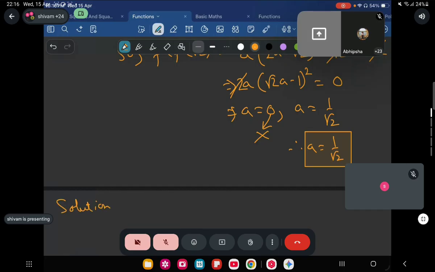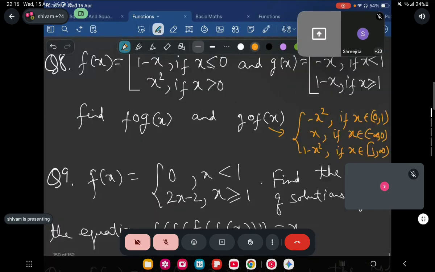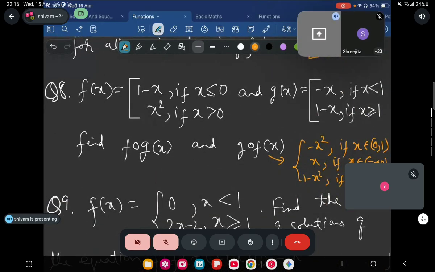Sir, can you please show the answer just for a second? So this is g of f of x. I'm going to write down f of g of x also. Done, sir. f of g of x will be equal to x square for x belongs to minus infinity comma 0.